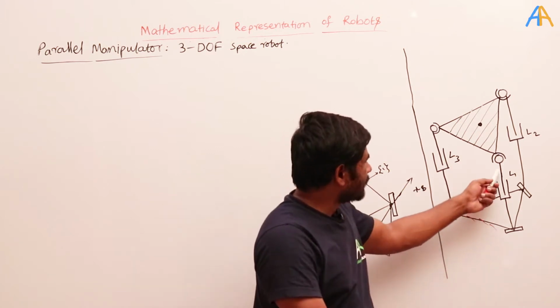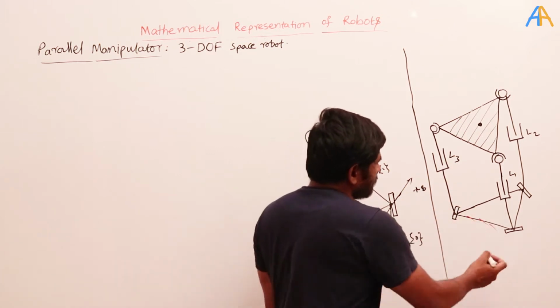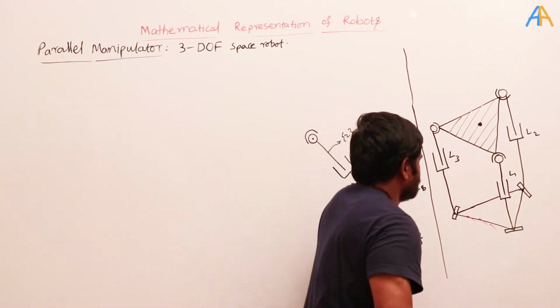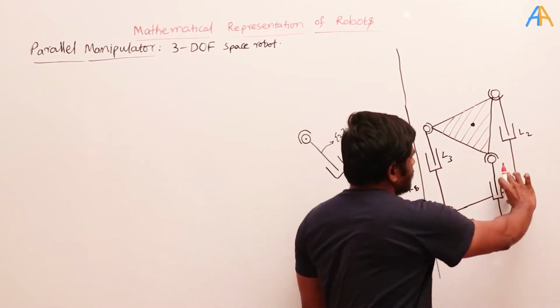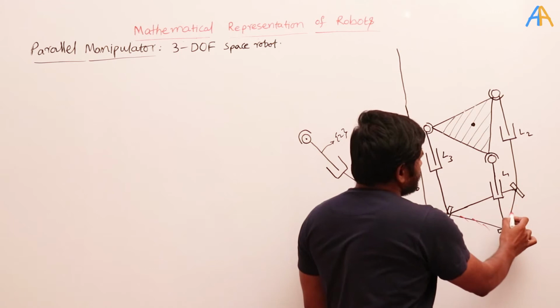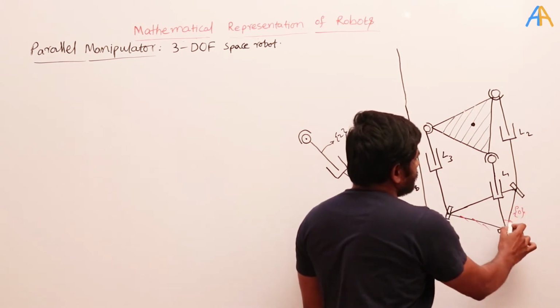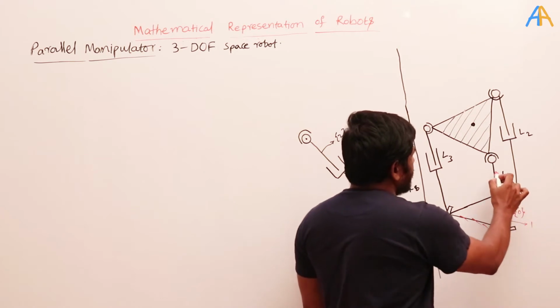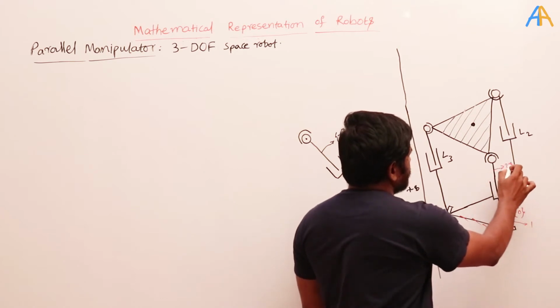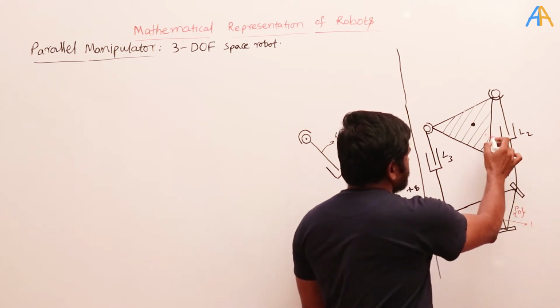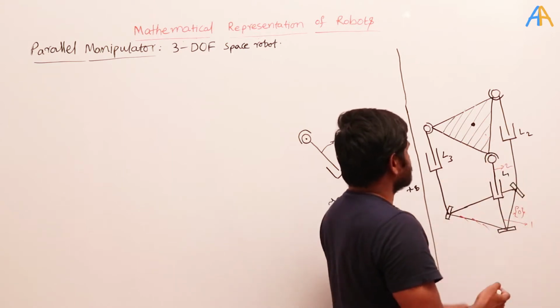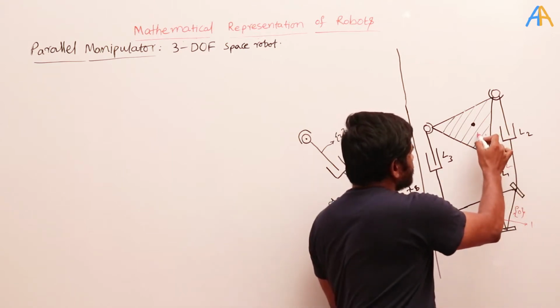For example, if I take leg 1, the fixed one is always considered the 0 link, this one is the first link, this is the second link, and this is the third link, or we can say a moving link, link M.